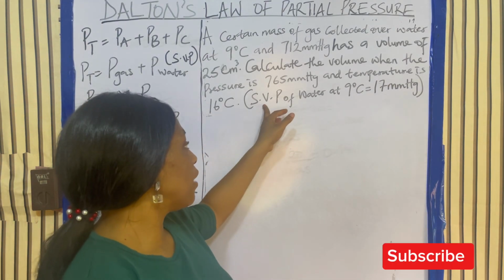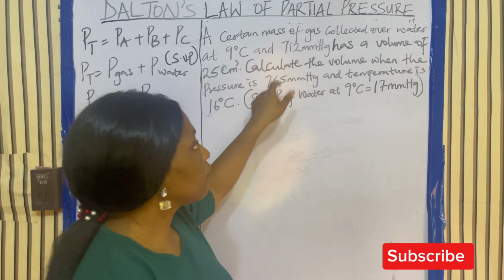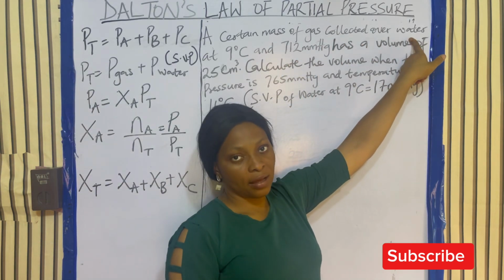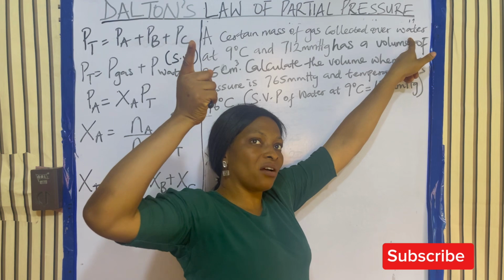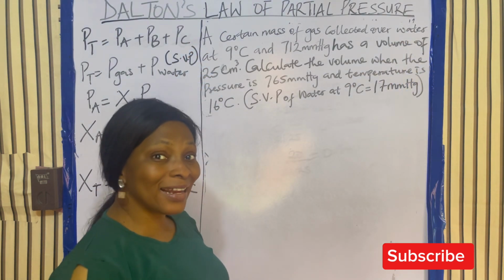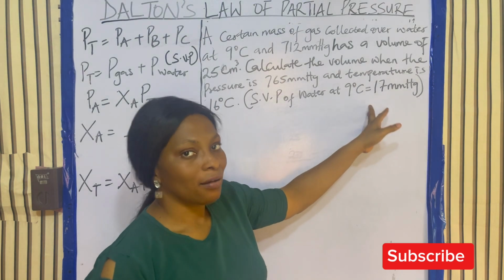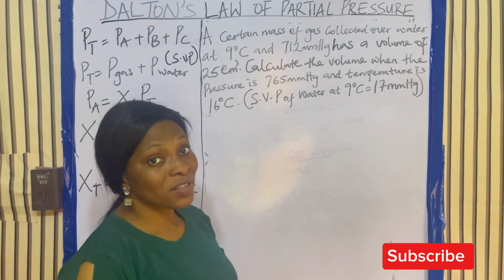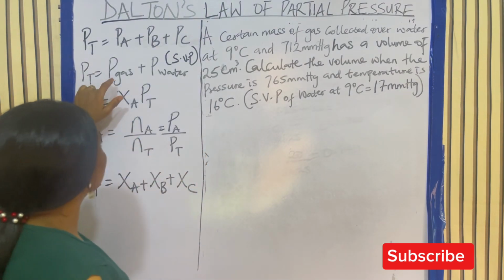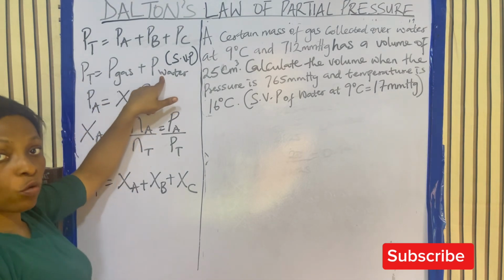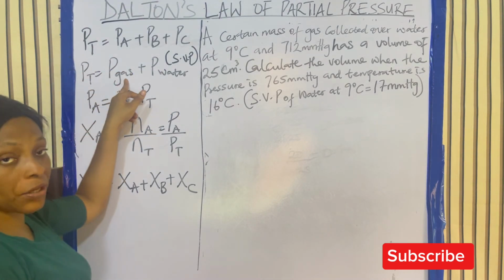If you find a question collected over water, it should tell you this is Dalton's law. Then at the end, they told you the SVP of water. That should tell you there is P gas and P water, so you must subtract in order to get your P gas.